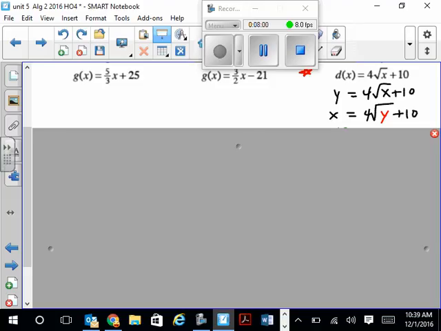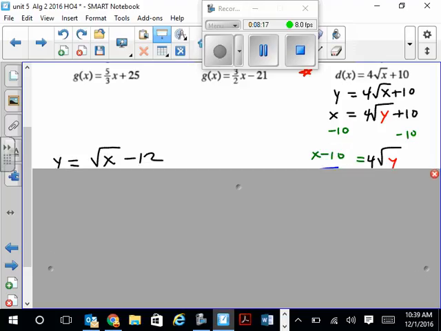Now, here's the part that some people get stuck on. What is the inverse or the reverse of radical y? You square it. To square it, you put parentheses on both sides. That's kind of what I mentioned to Jose about his last step.